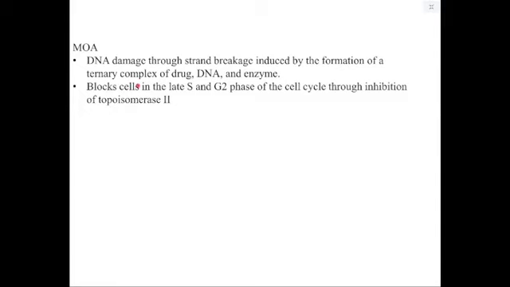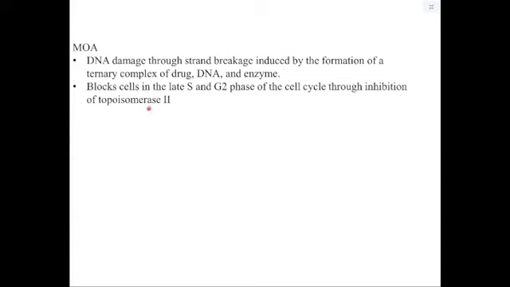And therefore, we are saying the DNA damage is through strand breakage induced by the formation of a ternary complex of drug and DNA. Once this complex is formed, as we had said, it triggers the formation of radicals, superoxide ions, and in itself, this causes the breakage of the DNA.